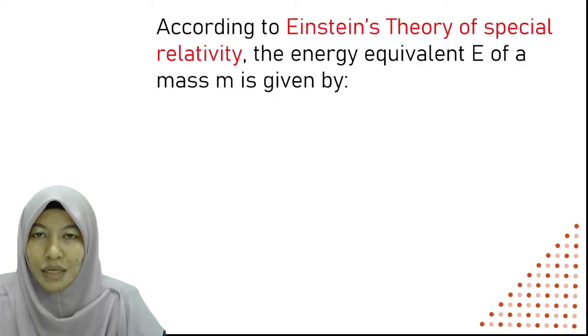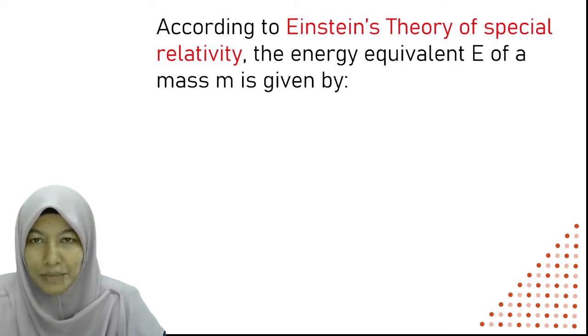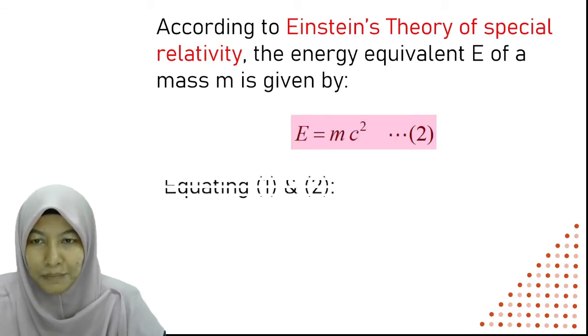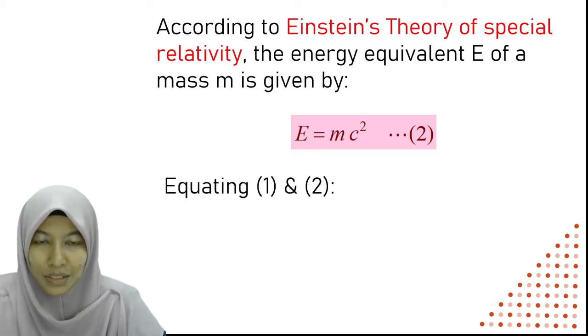Next, according to Einstein's theory of special relativity, the energy equivalence E of a mass m is given by E equal to mc squared. We have the first equation and then the second equation. We equate both, and we find that hc over lambda is equal to mc squared.